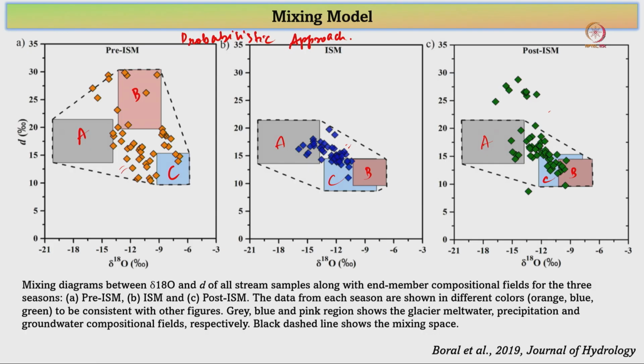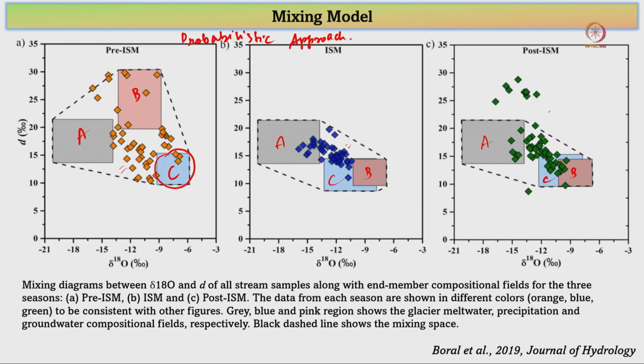So probably my end member data is always lying within this box. And now, when I am doing my calculations, I am selecting values randomly from this area. I am using a probabilistic distribution in a kind of simulation model.